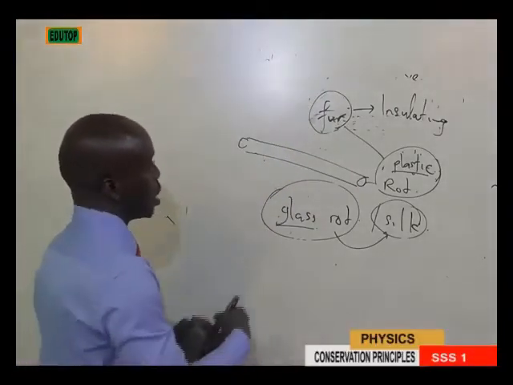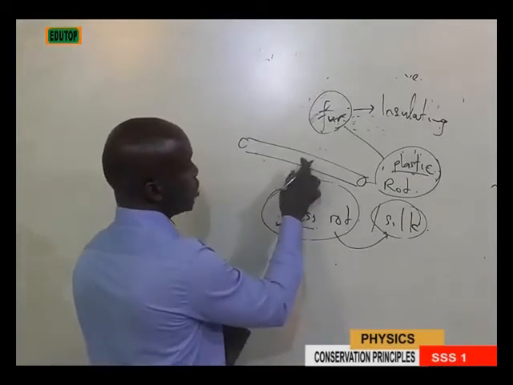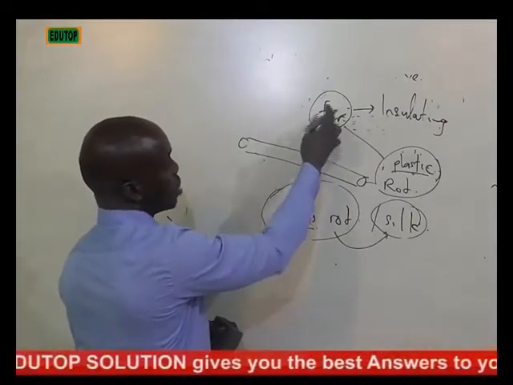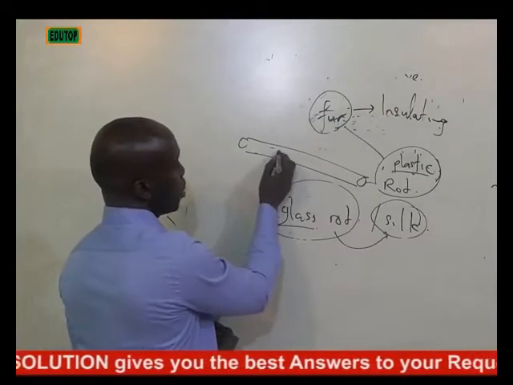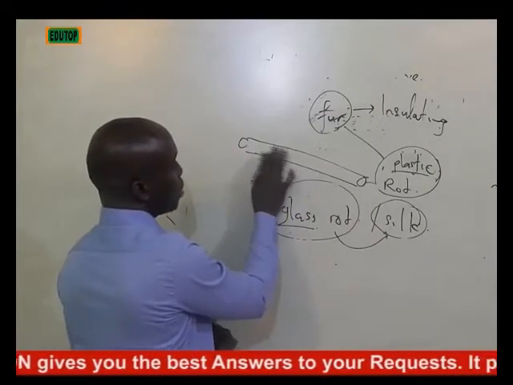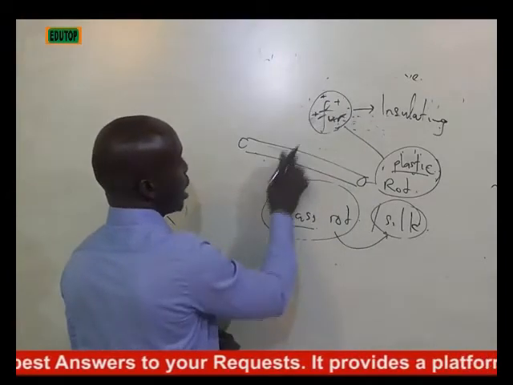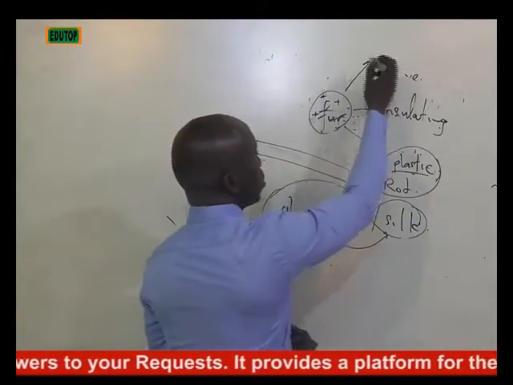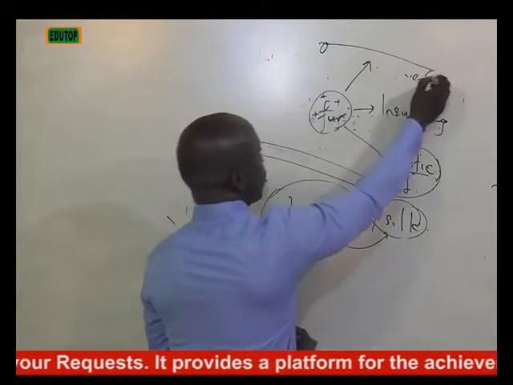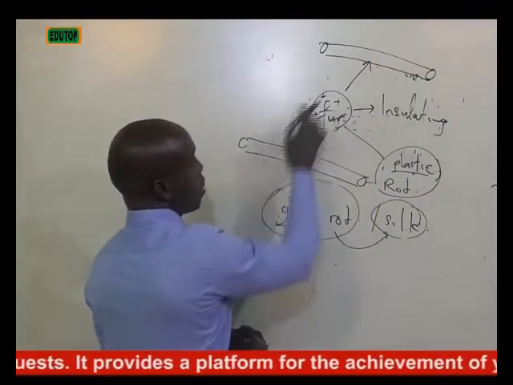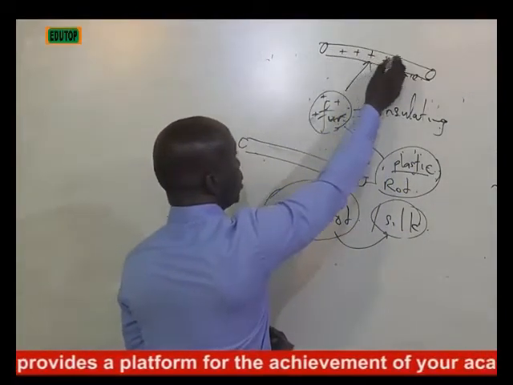Now, in this case, if probably your plastic rod is being moved closer to your fur, now if your plastic rod probably does not have a charge, let's put it this way, your fur is being charged. So by the time it's being rubbed, you now have a resultant occurrence of your plastic rod being positively charged.